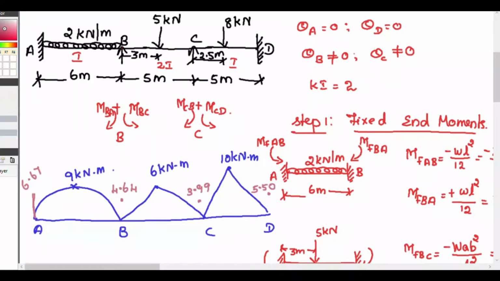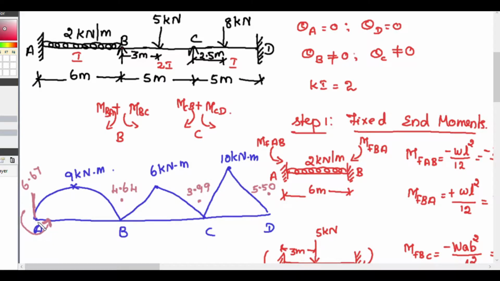Now listen. At A, MAB is anti-clockwise, right? So while you are drawing the bending moment diagram, when you draw the anti-clockwise moment, it touches like this.